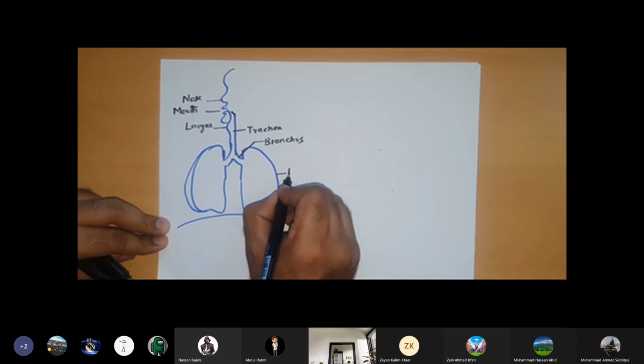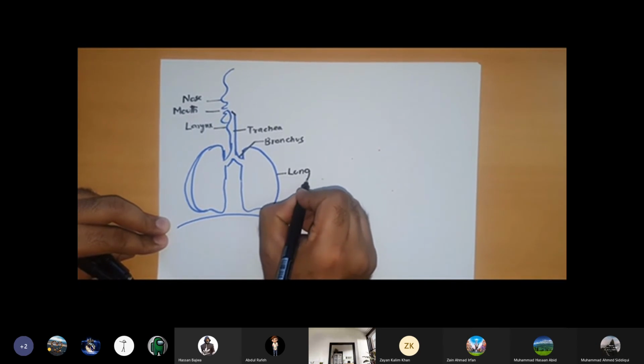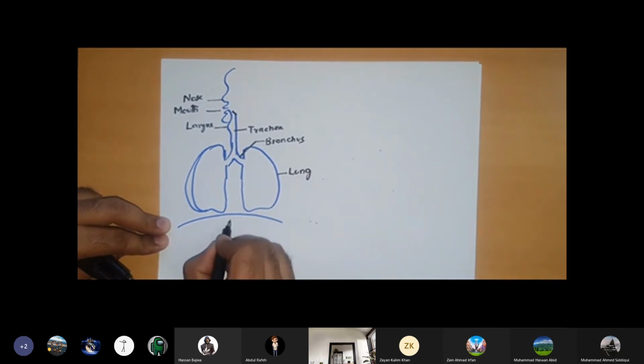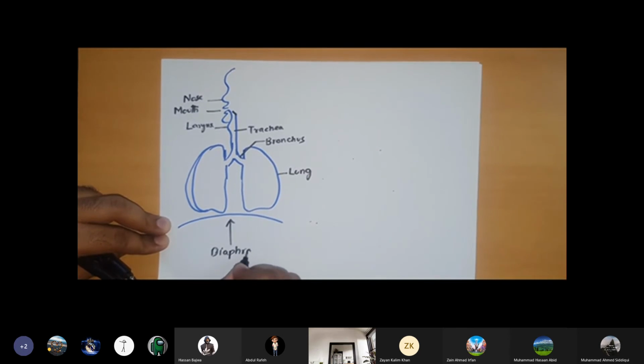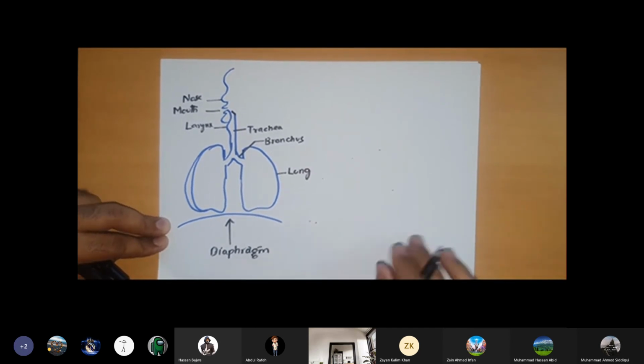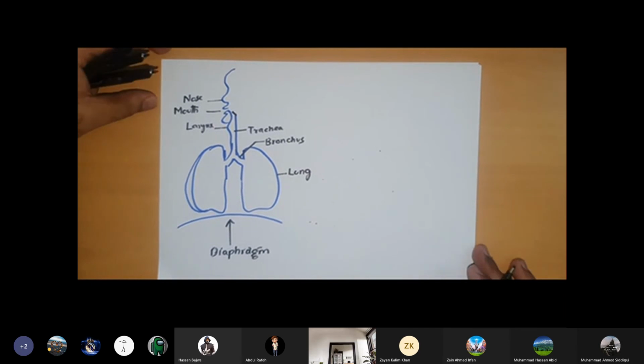Then this is lung, and this is called diaphragm. Now this was about the breathing system.